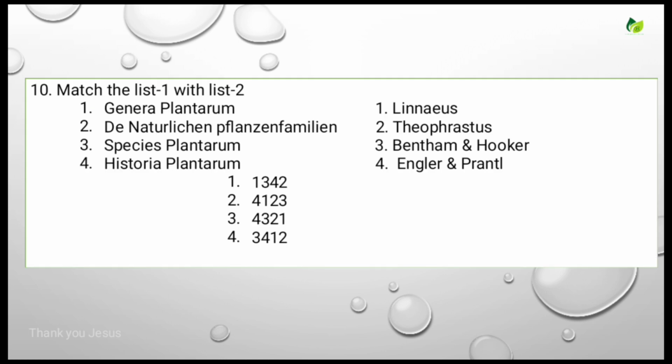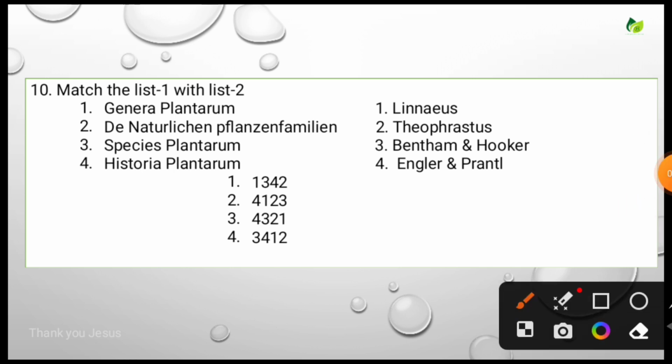So match list 1 with list 2. Here also two lists are given. List 1 consists of the books, list 2 consists of the writers. So I'm going to match list 1 with list 2. Genera Plantarum, written by Bentham and Hooker.